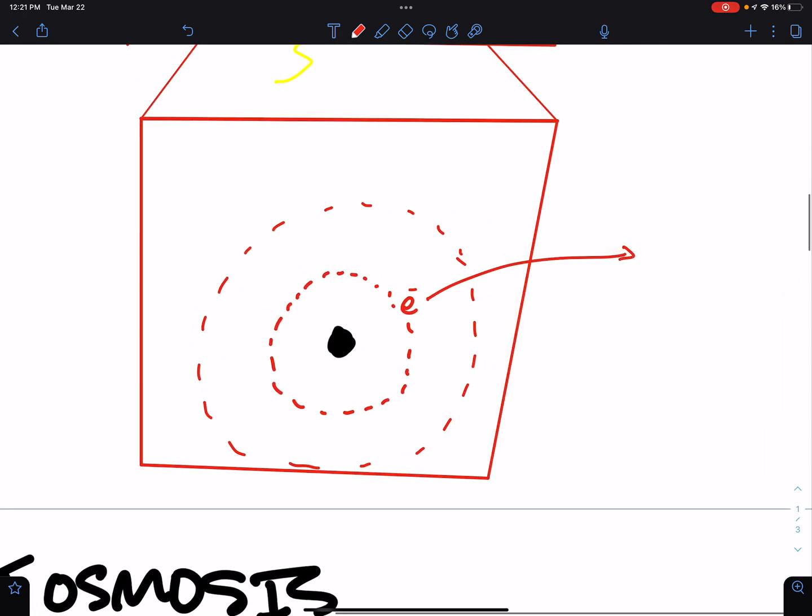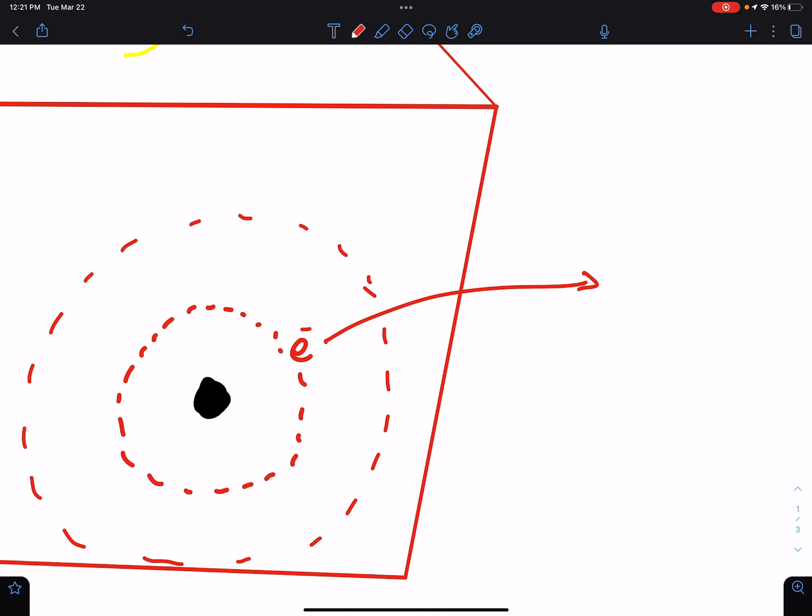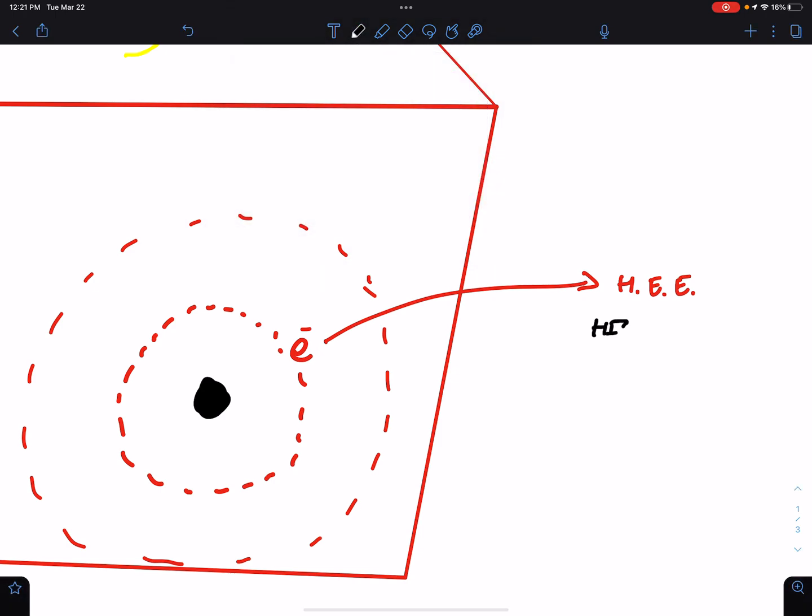So it's no longer even attached to this magnesium. And it's what we call a high energy electron, or He. This stands for high energy electron.